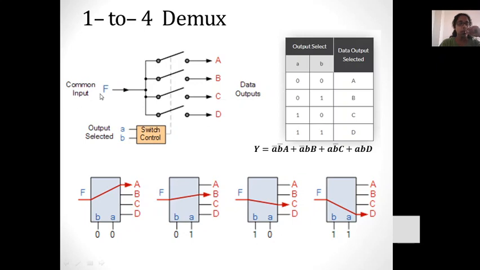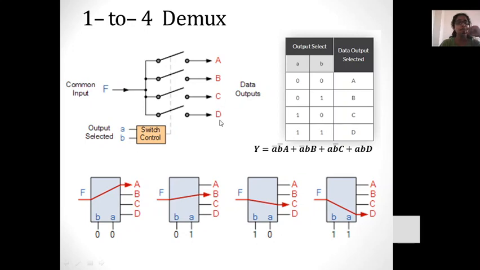There is a common input. I labeled it as F. And at a time, this F is switching to any of these outputs A, B, C, D. These are the data outputs. So one input, capital F, and 4 outputs A, B, C, D.